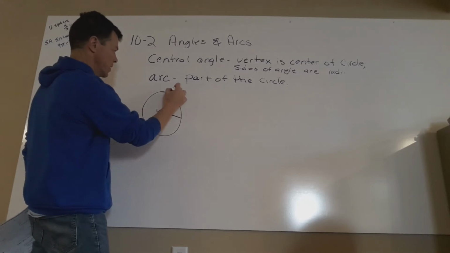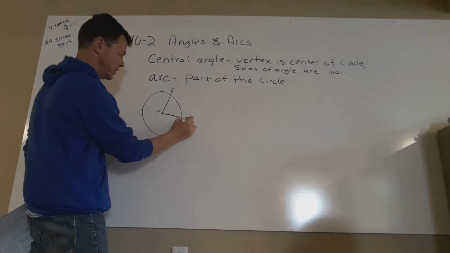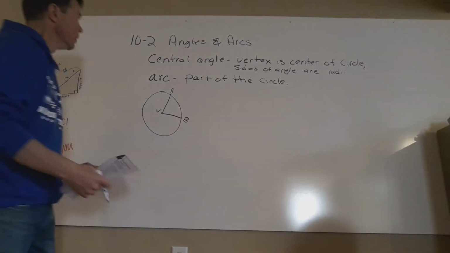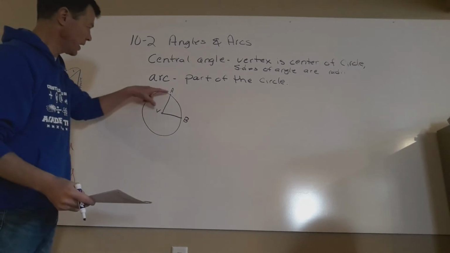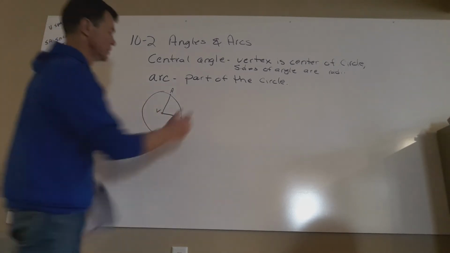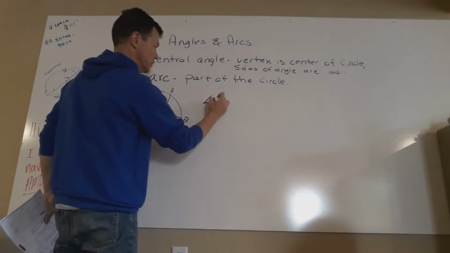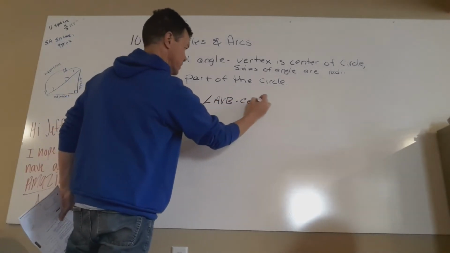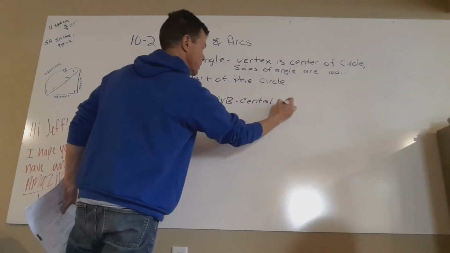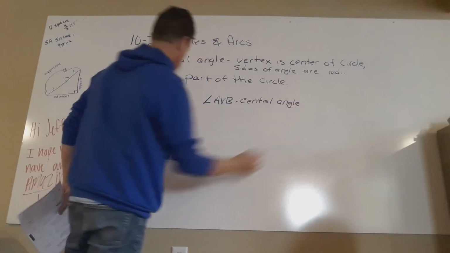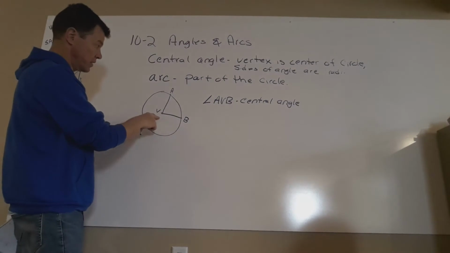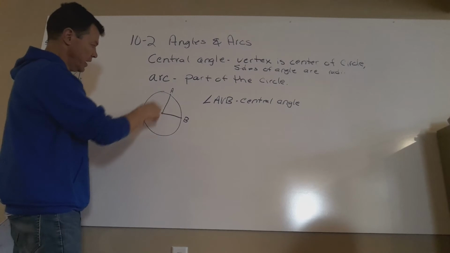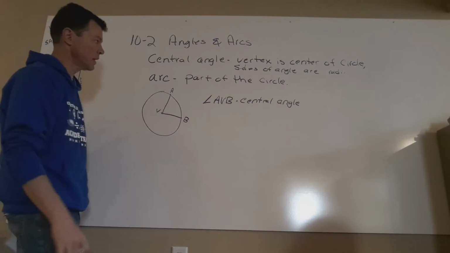This point, call it A. This point, we'll call it B. So a central angle would be like angle AVB. Angle AVB is the central angle. So the vertex needs to be the center of the circle, and then the two sides are radii, or each one is a radius. AV is a radius, VB is a radius.